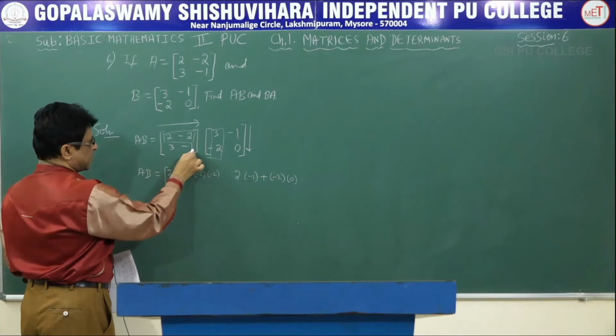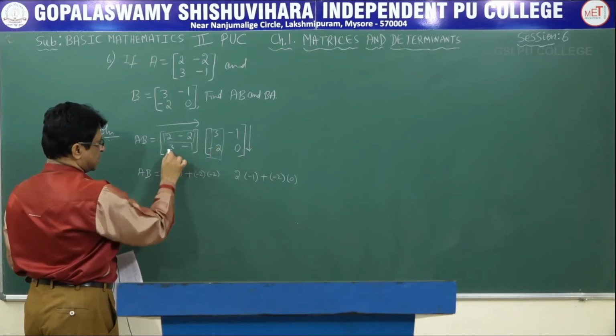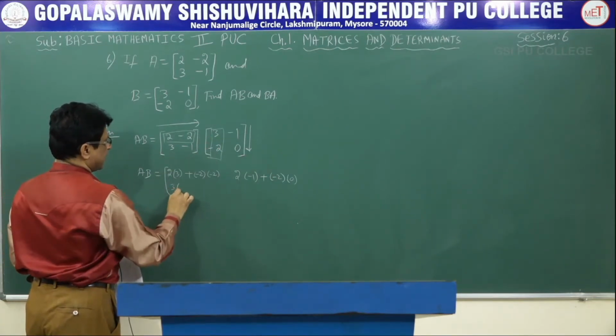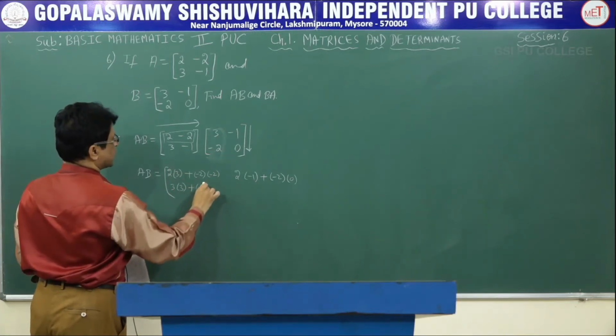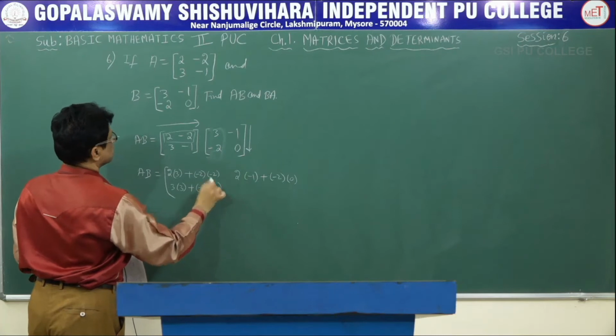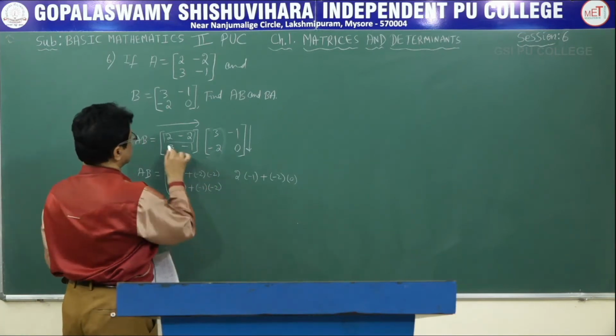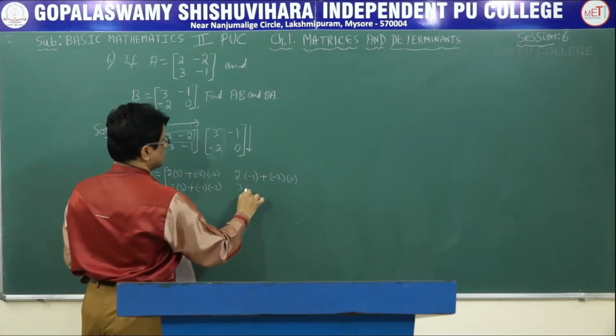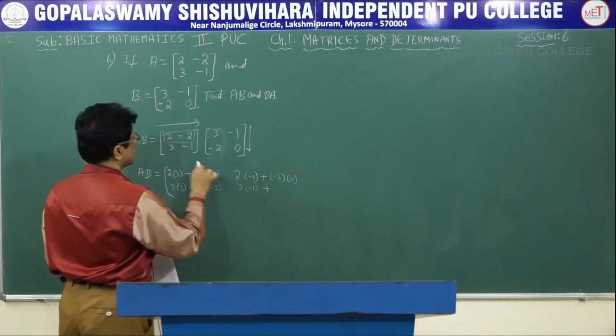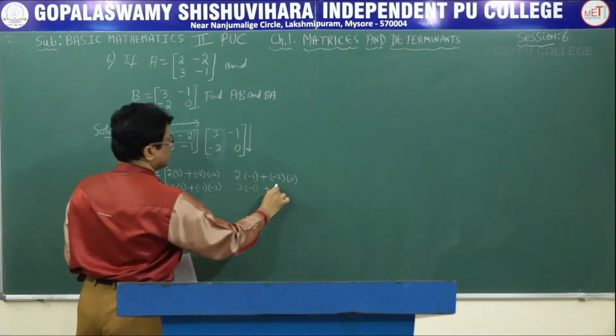Next, second row into first column, that is 3 into 3 plus minus 1 into minus 2. Next, second row into second column, 3 into minus 1 plus minus 1 into 0.